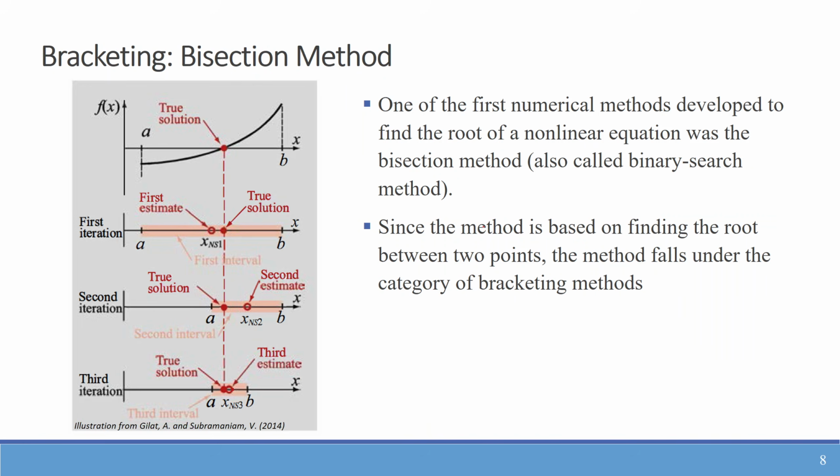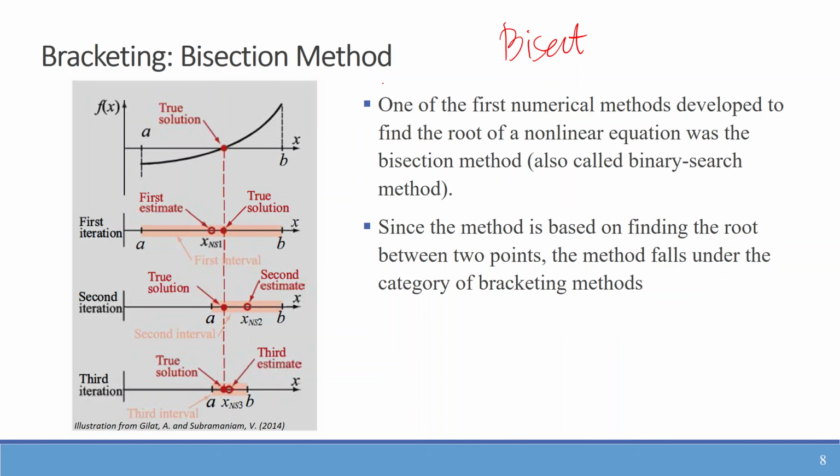Now, let's start with our bracketing or bisection method. When we say bisection, from the word bisect, we are averaging. That's what we are going to keep in mind. We are dividing the points, the upper and the lower limit, into two equal parts.